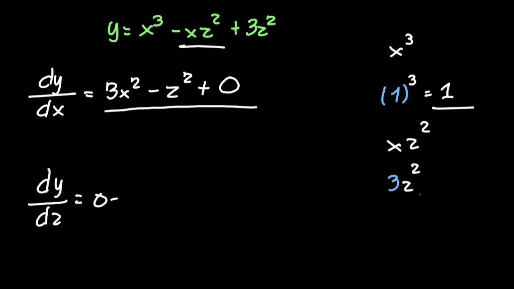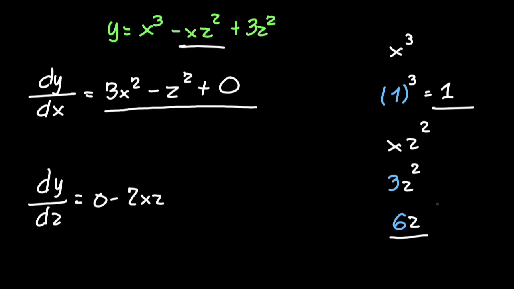So what you're going to do here is to take the derivative. Derivative of 3z squared would be 6z. This is the derivative. And so by visualizing this, 6 here is the constant, which is x. Z here is the z right here. So this would be 2 multiplied by xz.